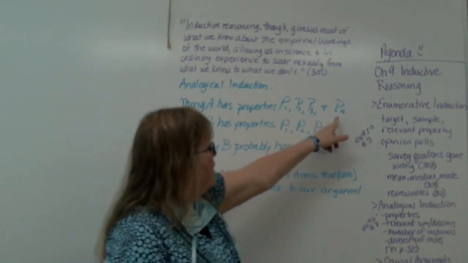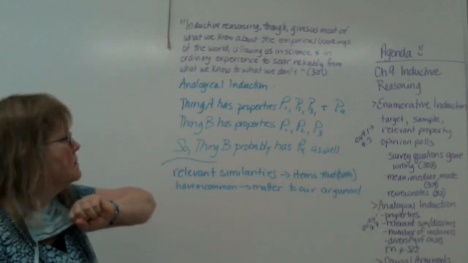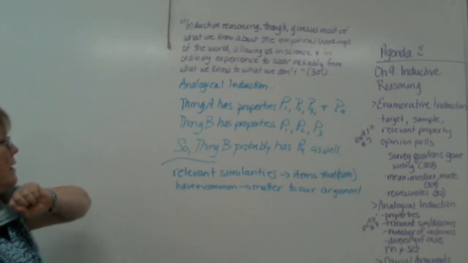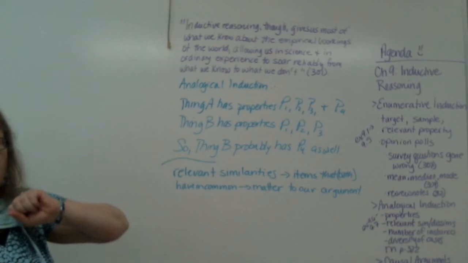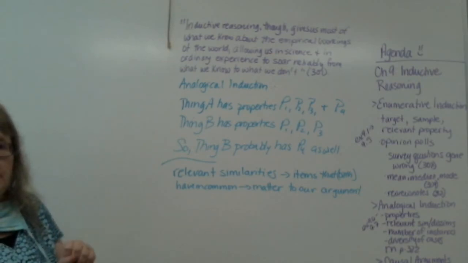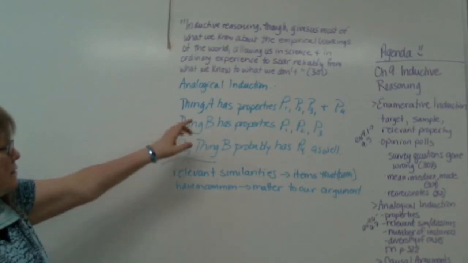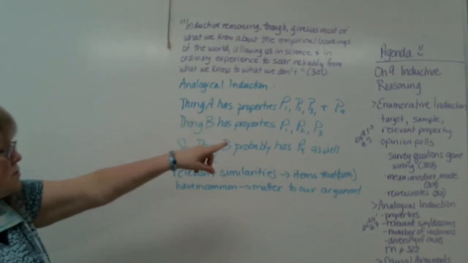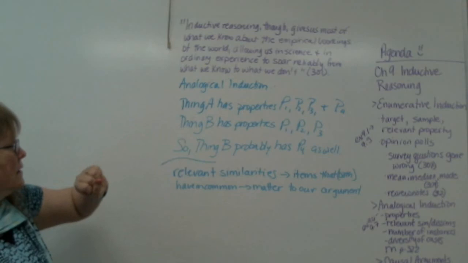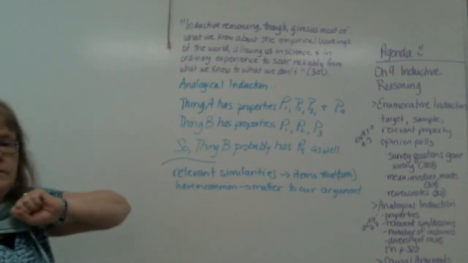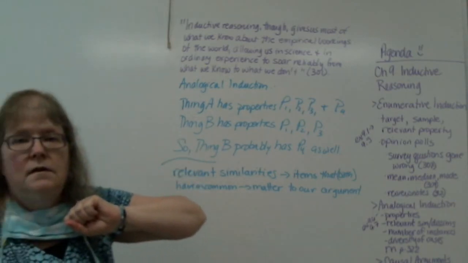So my thing A has a prehensile tail. Now, I will tell you, that is a fairly rare occurrence in the animal kingdom. So thing B has all those things that I mentioned before in common with thing A. So it probably has a prehensile tail as well.